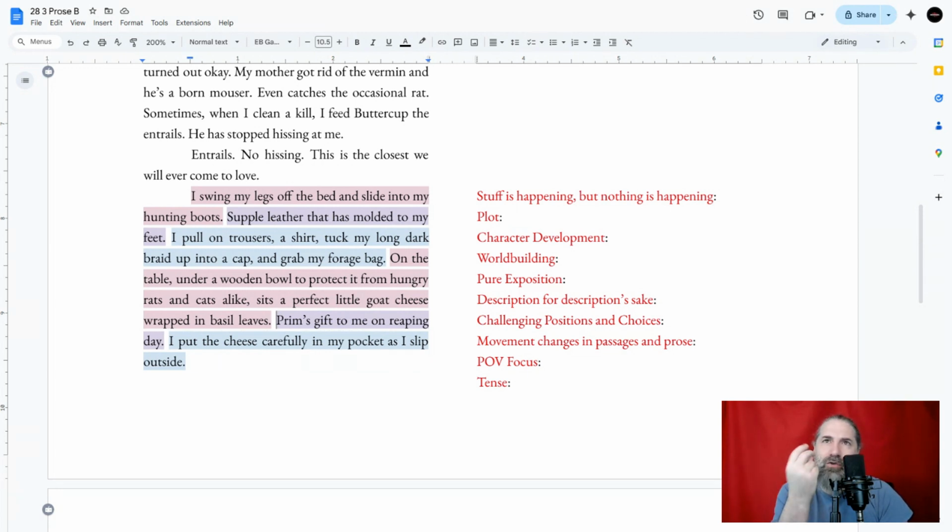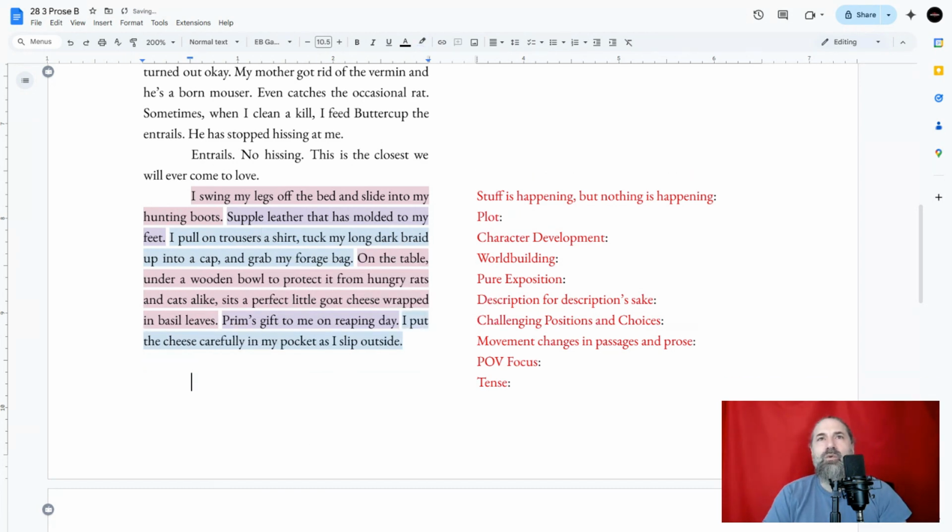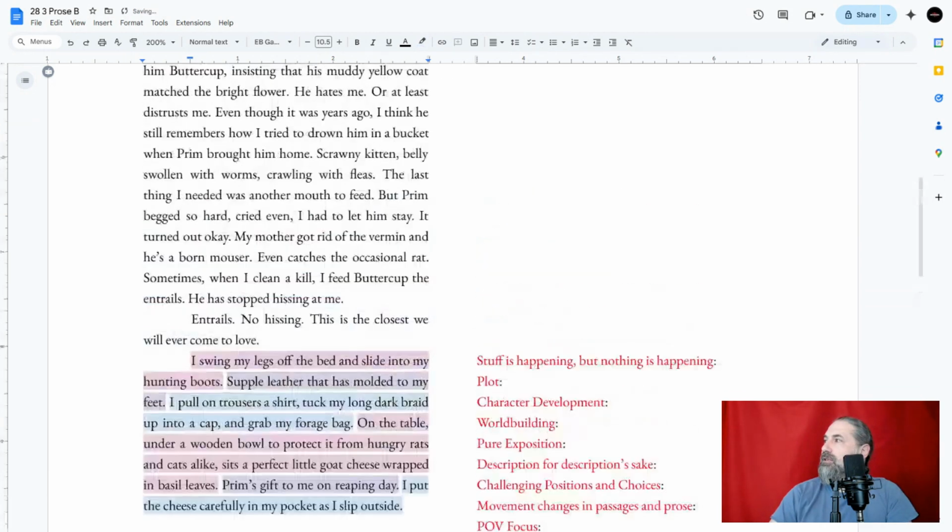It's all about flow and rhythm. Saying I pull on trousers and a shirt, tuck, changes the rhythm. So sometimes rhythm and fluidity are more important than perfect grammar, because this needs an "and," according to the grammar lords. All right. So there you go.